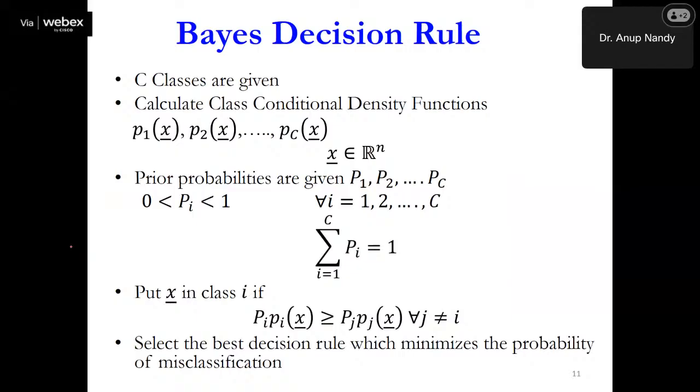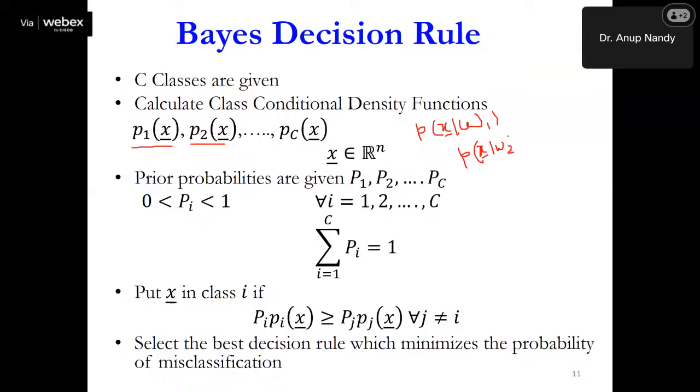I need to calculate only P of x given omega 1, the probability of x given omega 1, and I need to calculate the probability of x given omega 2.